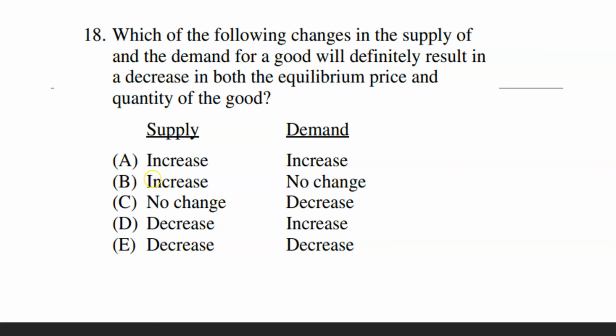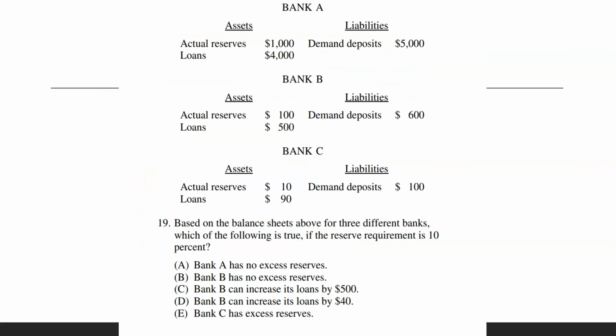Anyway, you plug all these in, the answer is C. 19, my favorite, the bank balance sheet. Now, the way I do these is I read the question, and this is quite common for them to do this, and just start going through the answers. So the reserve requirement is 10%. So let's look at Bank A. They have $5,000 in demand deposits. They have to have 10% in required reserves.